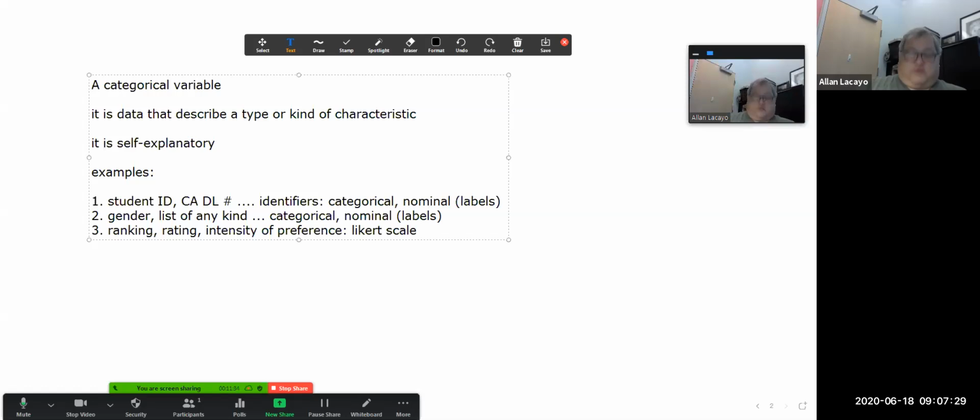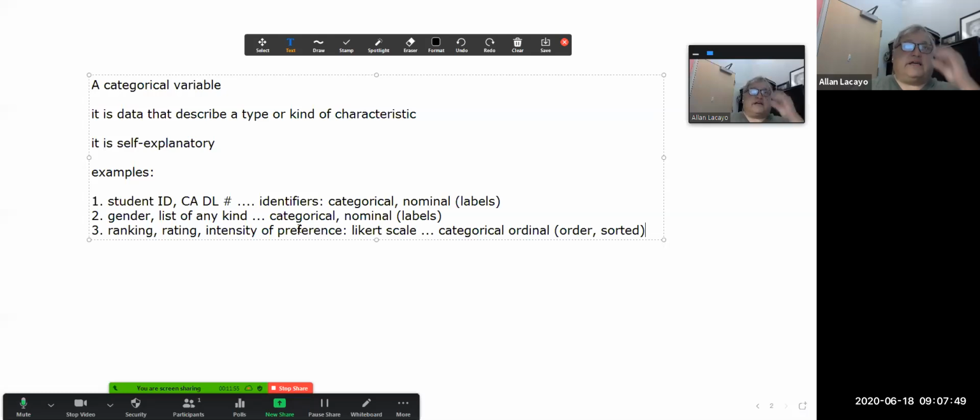These are called categorical ordinal because they imply order. They can be sorted. They go from low to high or from high to low.